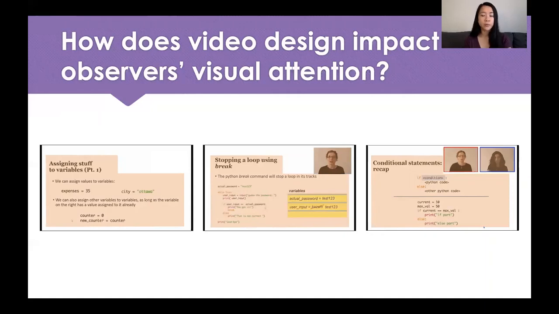Visual attention was operationalized using dwell time and fixation count on each AOI and normalized to account for slight variations in length between conditions. Accordingly, I'll refer to these 2 dependent variables as dwell time percentage and fixation percentage.